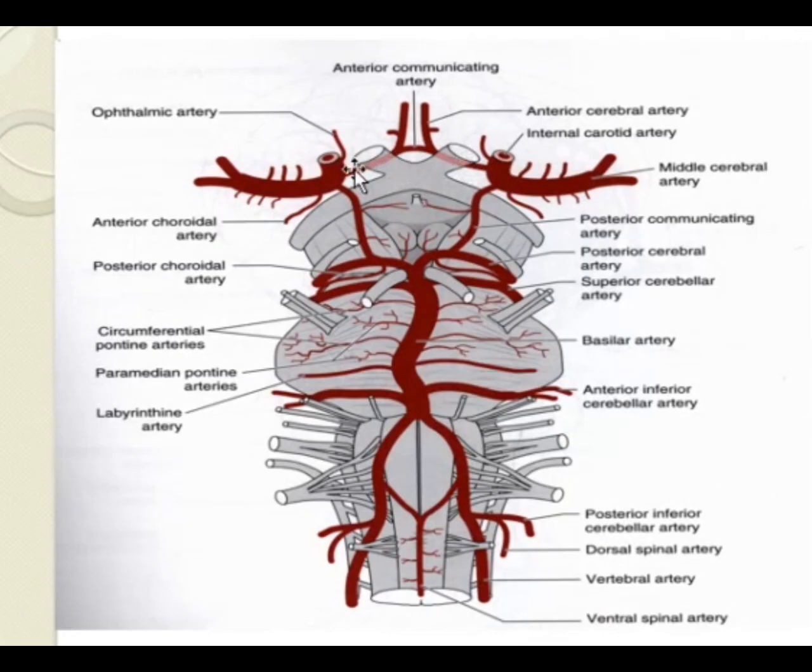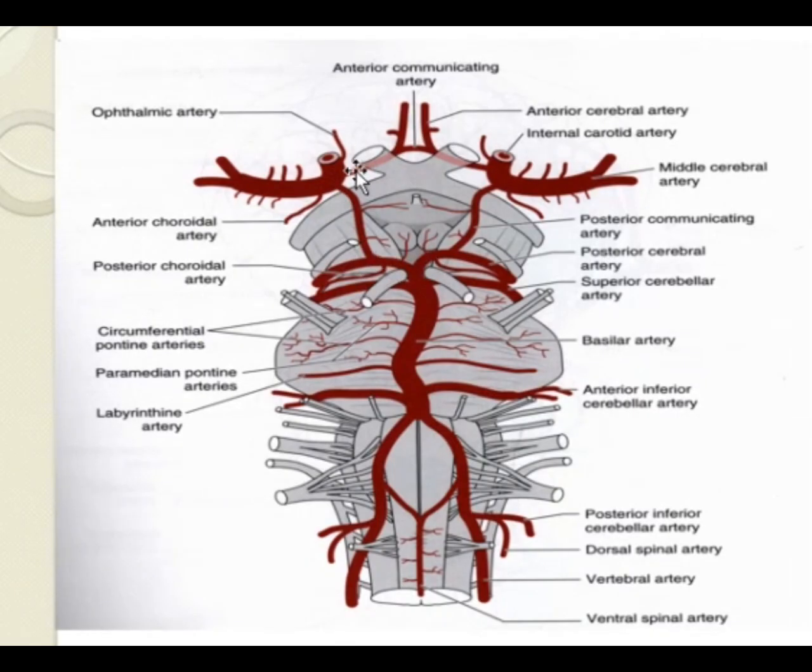The two anterior cerebral arteries are joined together by an important anastomosis known as the anterior communicating artery. If this internal carotid artery is blocked, blood can come in through this side, anterior communicating, and then compensate on this side. Hence, the circle of Willis is this.